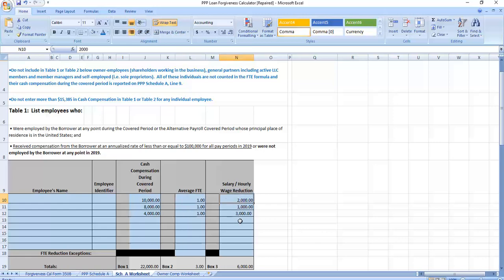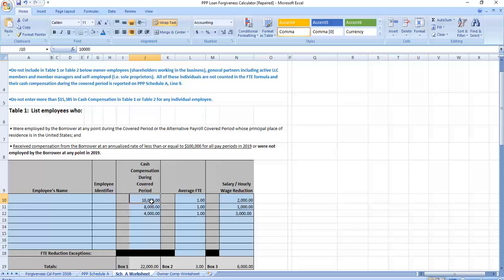And this is if there were any reductions in the salaries. The reference period we look at is basically from January 1st to March 31st. The annual rate at which they received the salary should be the same as they received in the covered period.